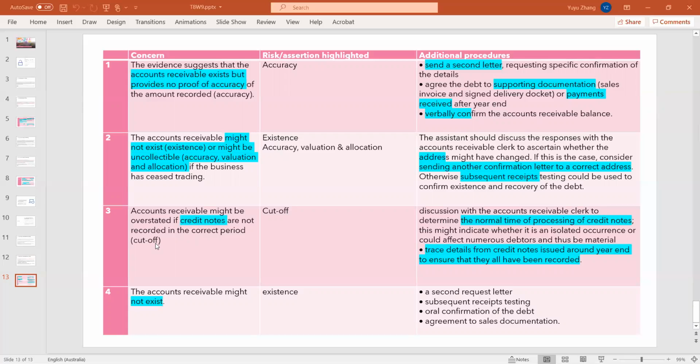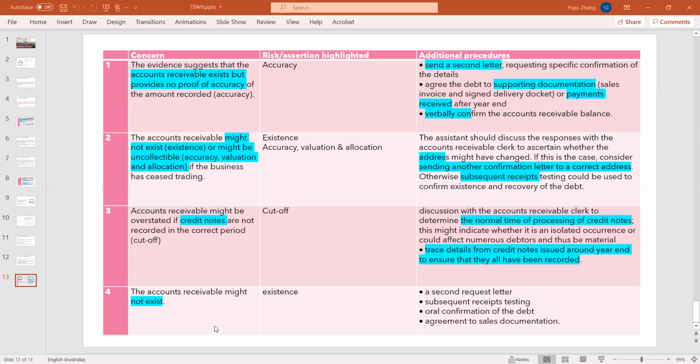And also check the details of the credit notes issued around the year end, so do a cut-off test, not just about purchases, sales, receipts, etc., but also with a special focus on the credit notes to ensure they have all been recorded in the proper accounting period.